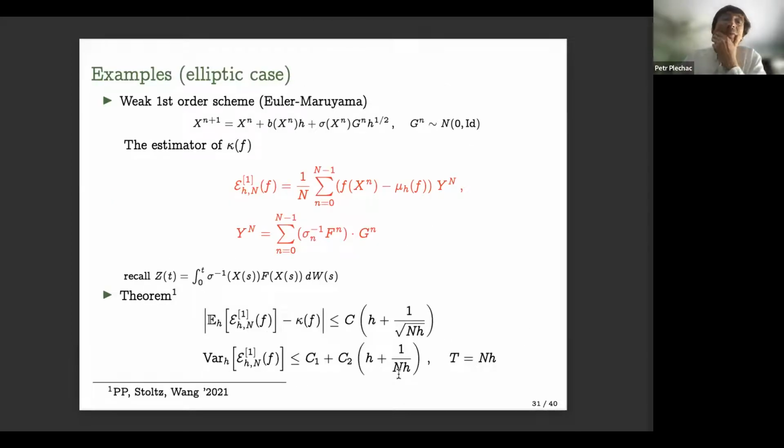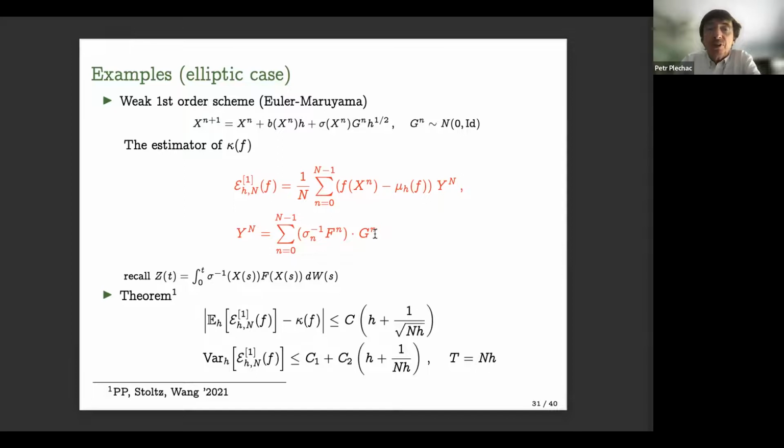So in summary, if you look at the simple case where the underlying dynamics has an elliptic generator, and we use the Euler-Maruyama scheme, so weak order 1, we found that the right form of the estimator is, as I said, exactly what you would expect.